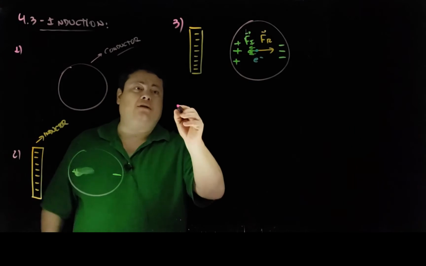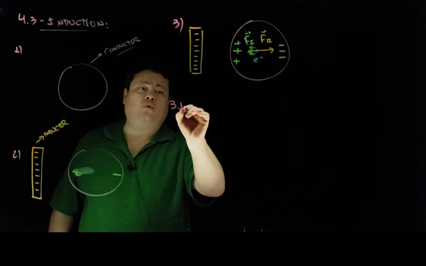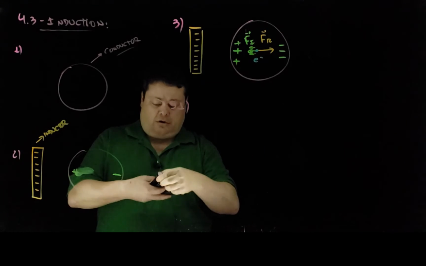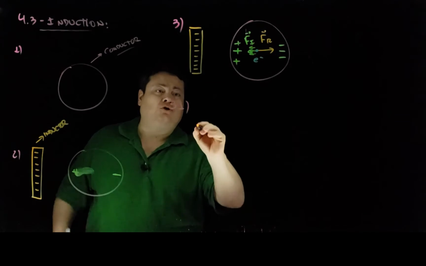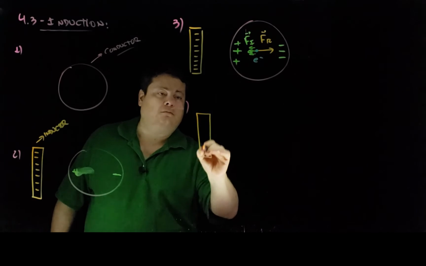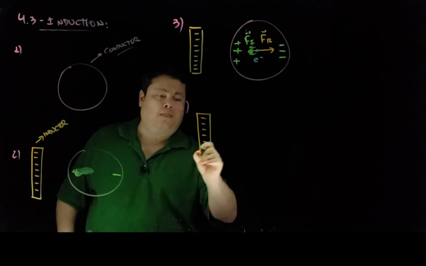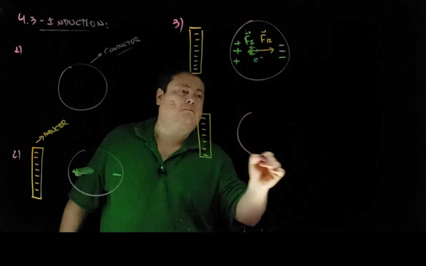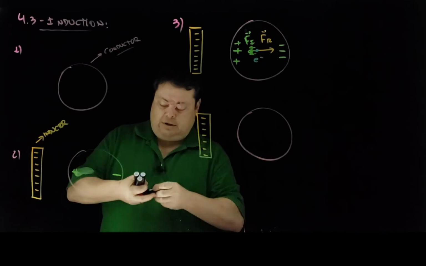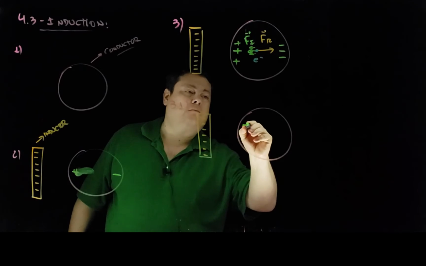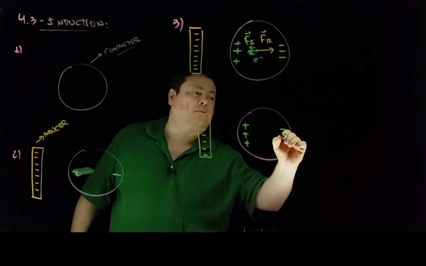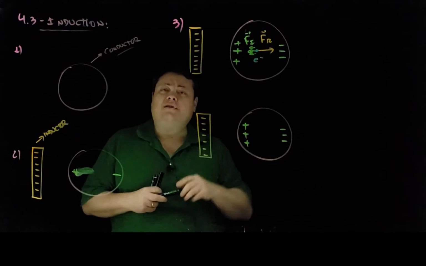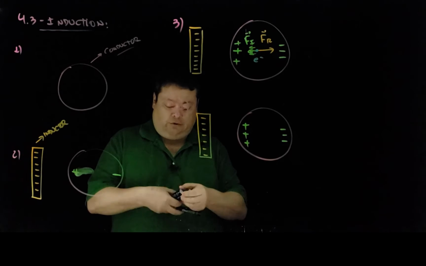So I'm going to represent this now here as a step 3.1, which is a repetition of that picture, just without all of this that we have in here. So my inductor, this, so notice that my sphere is still neutral, okay?